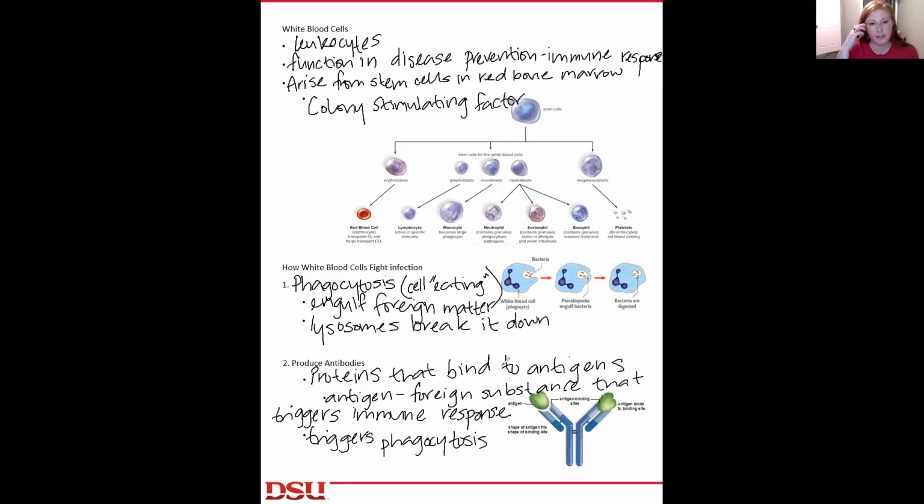It's easy for us to think about these things physically, so we can think about them reaching out and grabbing a foreign particle that doesn't belong. Really, it's a chemical reaction that takes place between the binding site of the antibody and the binding site of the antigen, okay? They hook together chemically. When they are there, it triggers phagocytosis, which we know then the big guys are going to come in and consume it and destroy it.